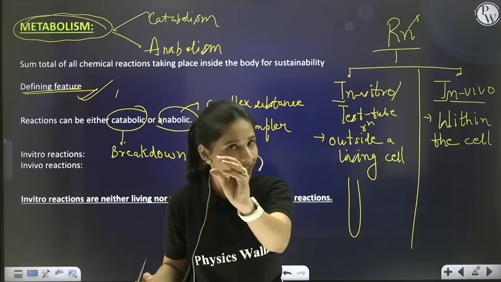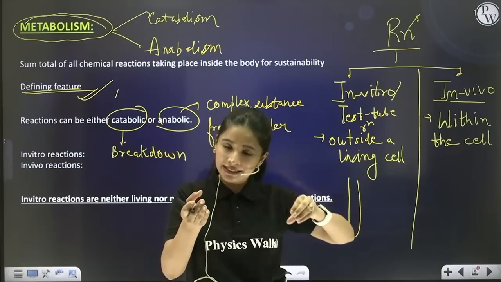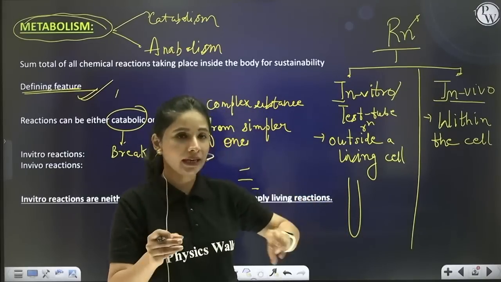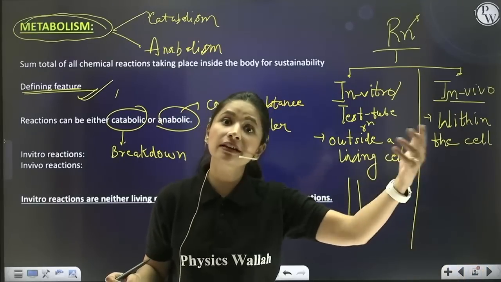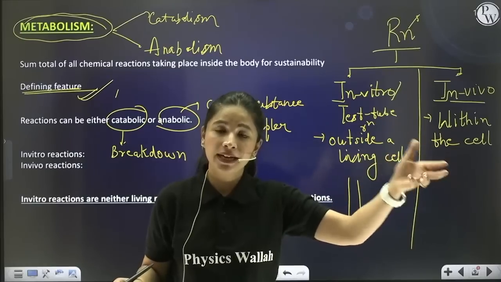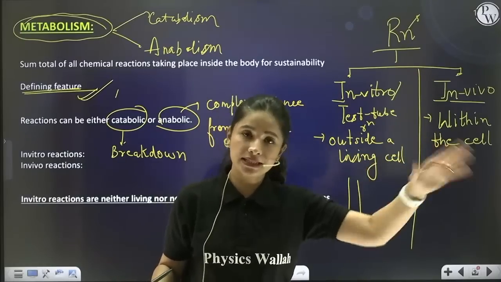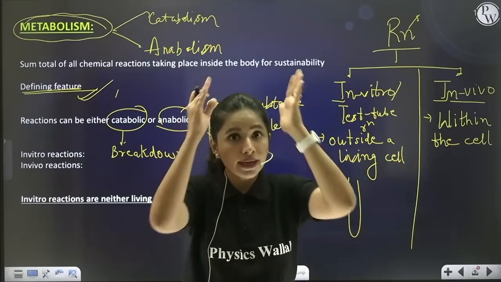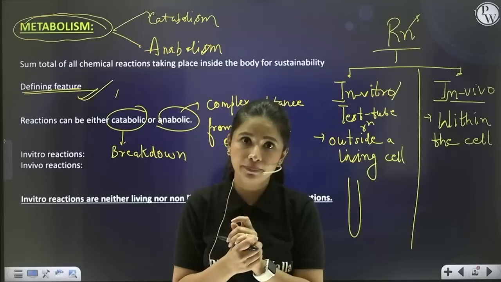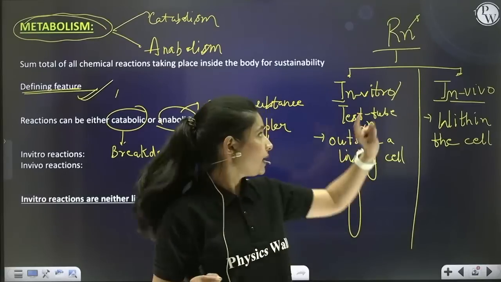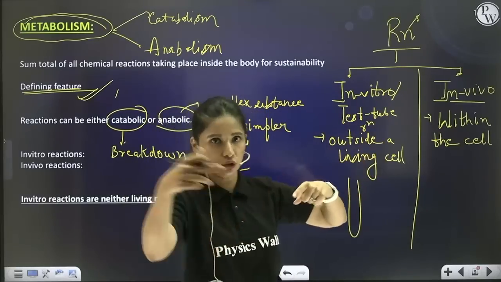As soon as that zygote is produced, it is taken out of the test tube and implanted in the mother's womb. So further development takes place in vivo, inside the body. Right? So in a test tube usually a single step reaction takes place, whereas in vivo it's the sum total of reactions.